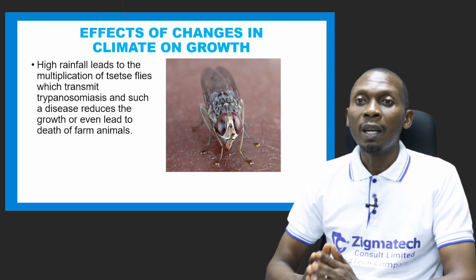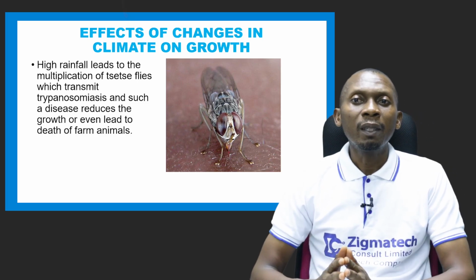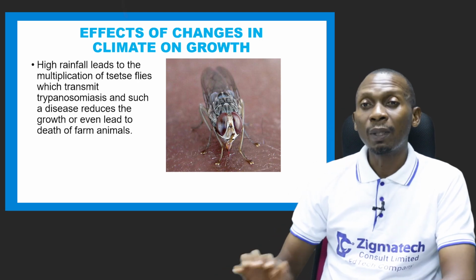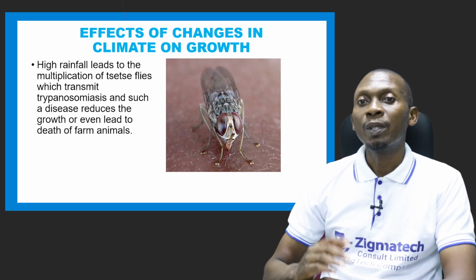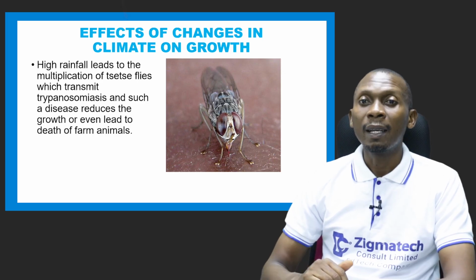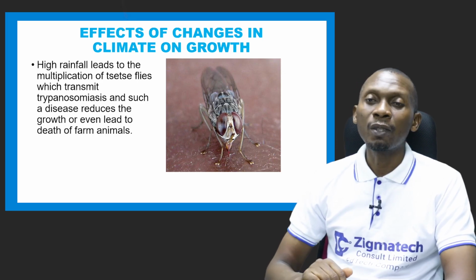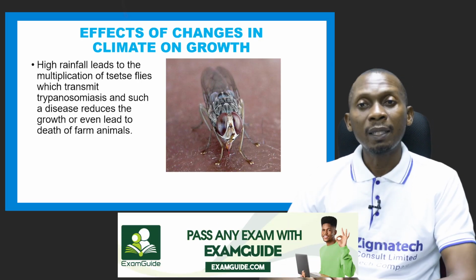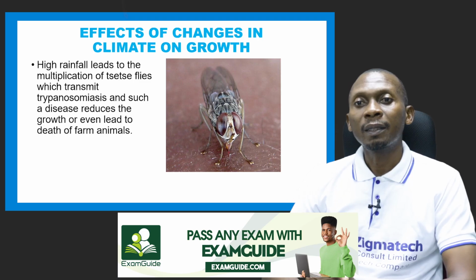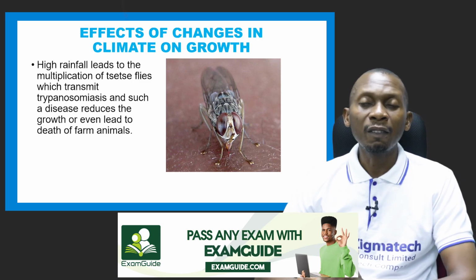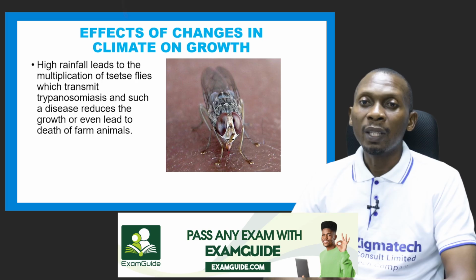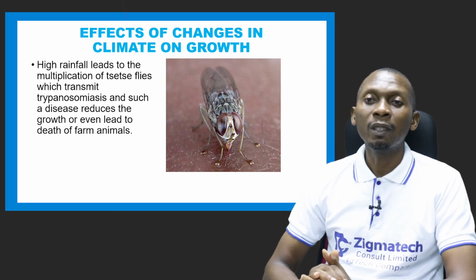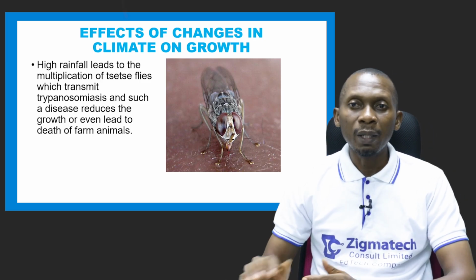When there's a lot of rainfall, it could lead to the multiplication of the fly, a pest that transmits the disease trypanosomiasis, also known as sleeping sickness and nagana. Now, this disease has a negative impact on animal production, and it could lead to a reduced growth rate or even death of farm animals.